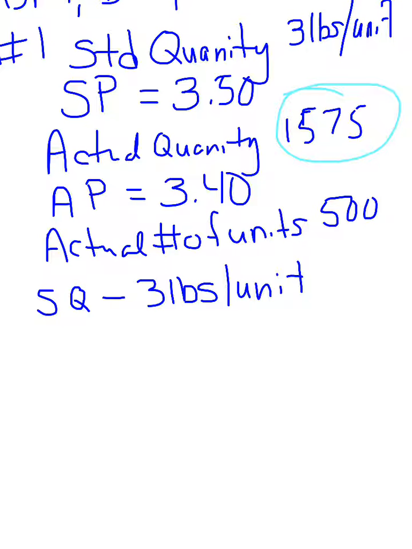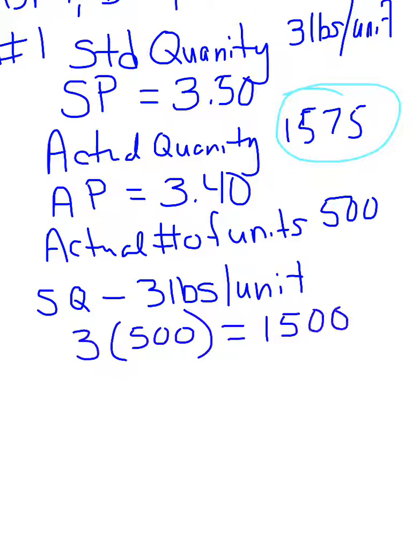Those are not things that we really can compare. So we have to come up with a comparable amount. We take the 3 pounds per unit and multiply it by the number of units that we actually have. This will give us our total standard for the units that we are producing. So we will be looking at 1,500 pounds as our standard quantity.